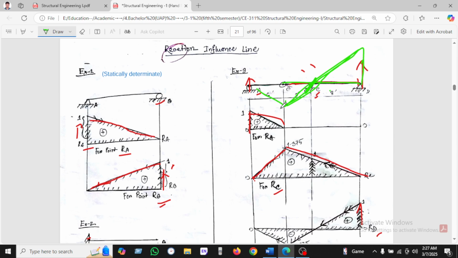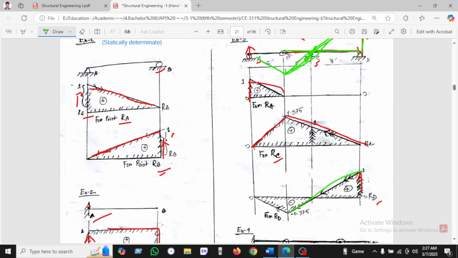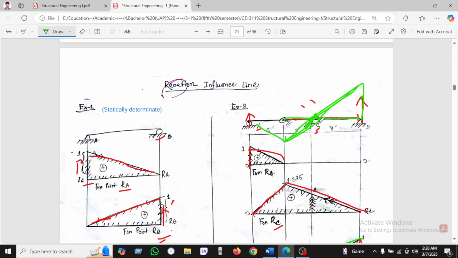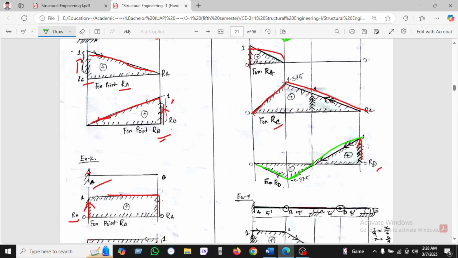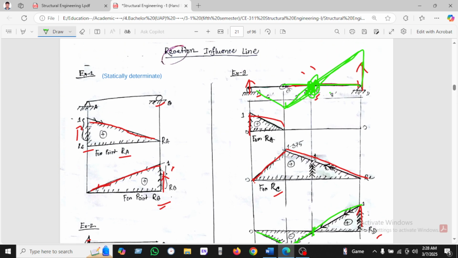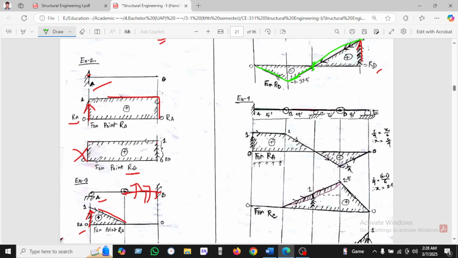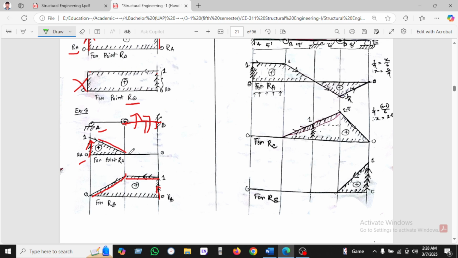We must keep in mind that this is the reaction point, that's why it must be 0. And we have seen the other reaction members must be 0. In the support condition, that will be 0, we can see here.